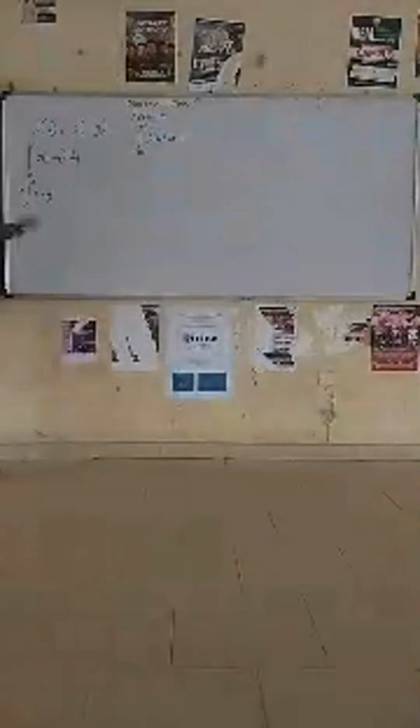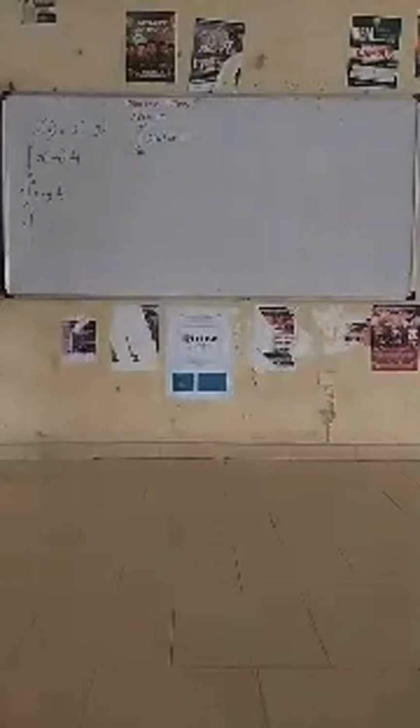So that's 2 into the integral of 1 minus y dy, with respect to y, not with respect to x. 2 is the coefficient. If we integrate 1 with respect to y, it will give us y.